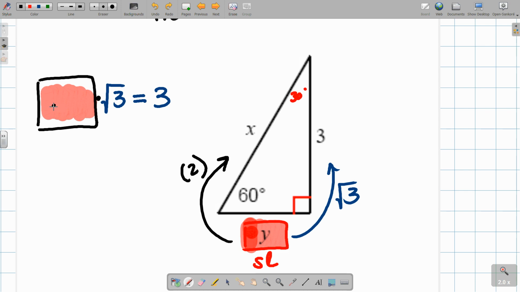You should have figured out that to get rid of that radical, we needed a root 3 there. Root 3 times root 3 is 3. So this is root 3. Simply times by 2, that's 2 root 3. Again, this pattern only works for 30, 60, 90 special right triangles.